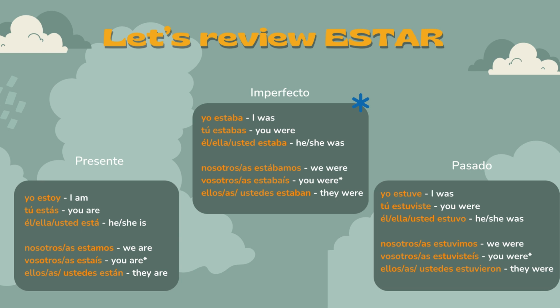Now, in the past tense or el pasado, that preterite tense, remember there's a difference between pasado or preterite and imperfect. They're both talking about past tense events, but they're different. And if you forgot all about that, don't worry. I have a video explaining the difference between the two. So let's go ahead and review really quick pasado or that preterite tense.